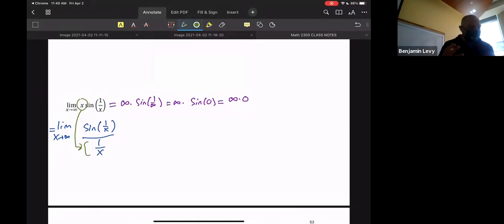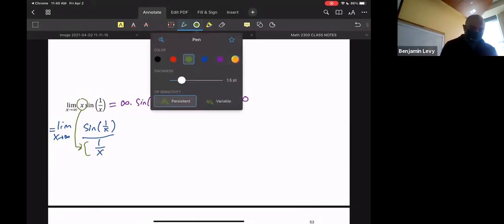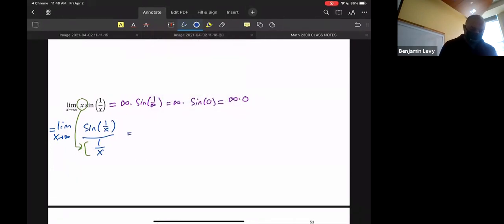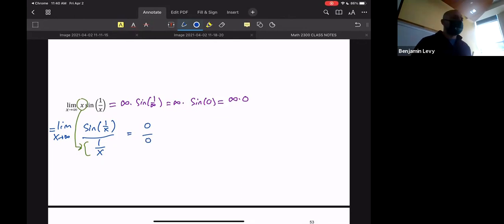Then it becomes 0 over 0 if we plug in the infinity. Now it's in the quote unquote correct bad form, because it's a compound fraction that's still indeterminate, but now we can apply L'Hopital's rule.